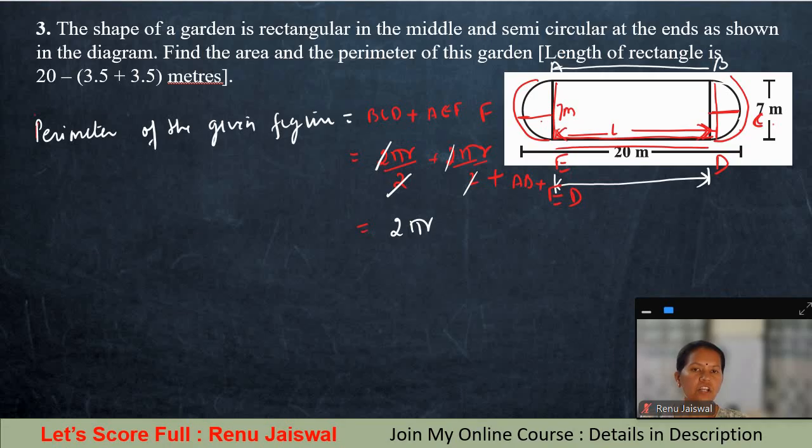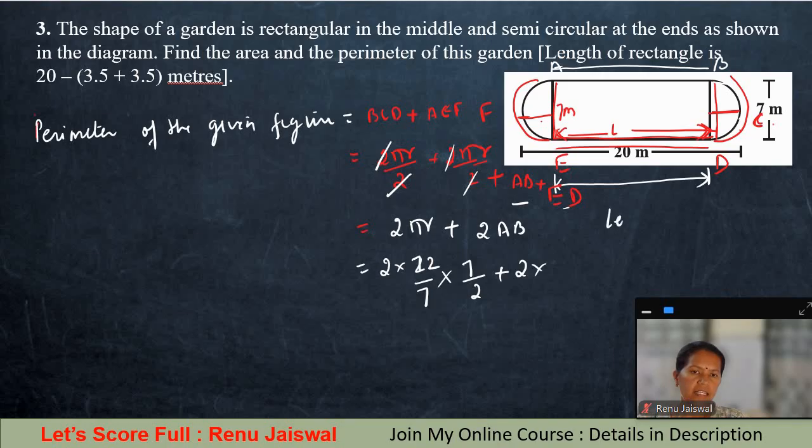Or at the initial only you can see semicircle and again semicircle make one complete circle, and AB and ED are equal, so I can write twice of AB. Now 2 pi r, radius is, how to get radius? Diameter divided by 2. So pi value is 22 by 7, r value is 7 by 2 because diameter is 7. So twice. Now coming to the length of this rectangle. How to get that?